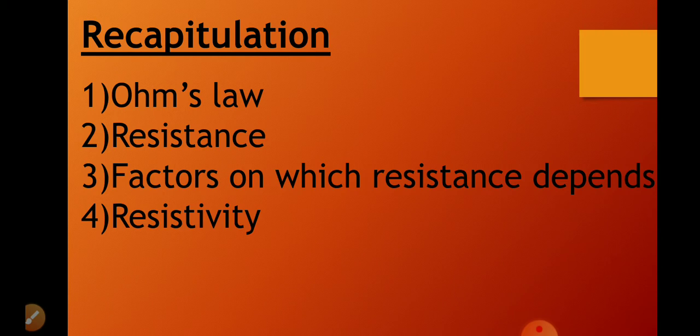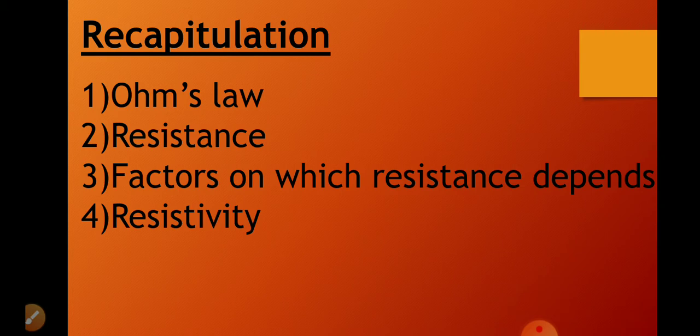If the area of a conductor decreases, then resistance of that conductor increases. Okay. So it is inversely proportional to area. And the third factor, that is the nature of its material. The nature of the material of a conductor.